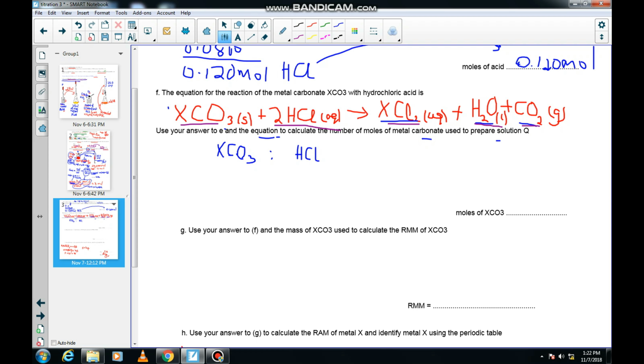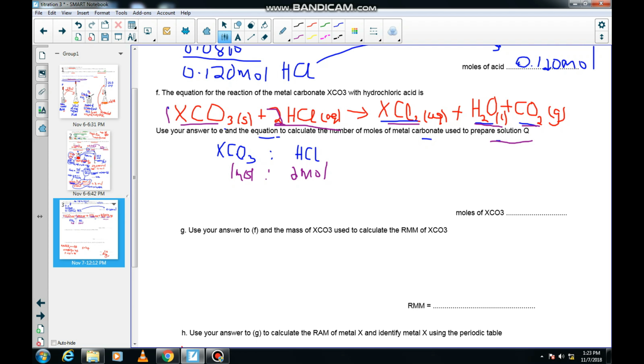Use your answer to E and the equation to calculate the number of moles of metal carbonate used to prepare solution Q. According to the equation, 1 mole of the carbonate reacts with 2 moles of the acid.